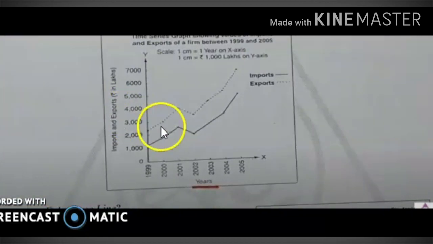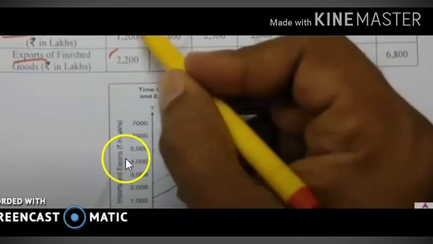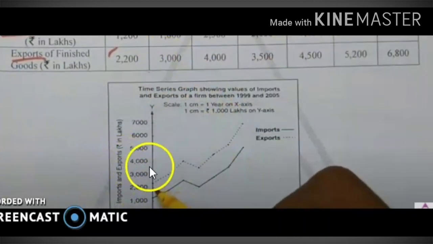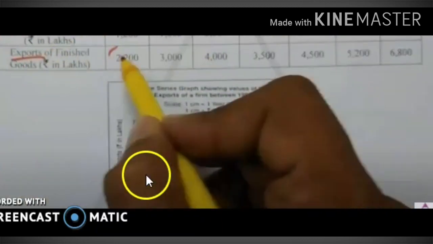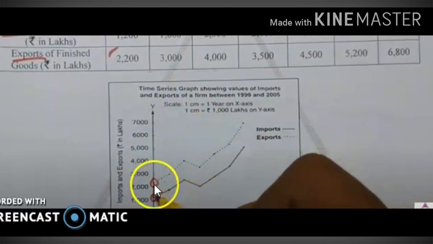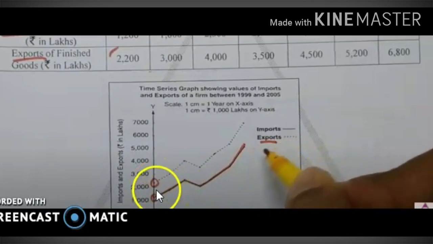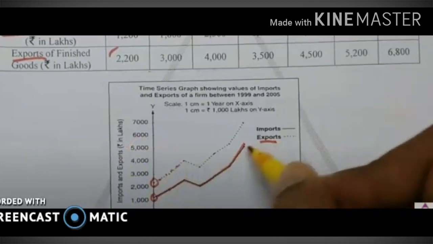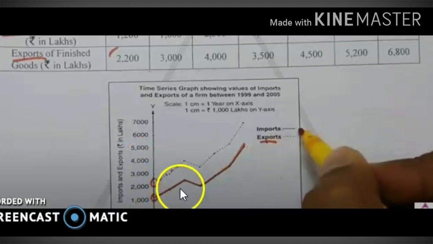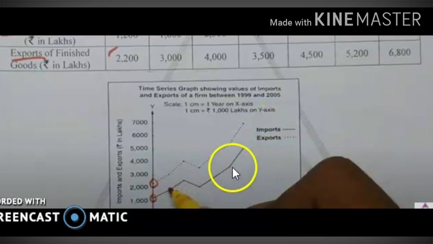So you can see the dot here. On the x-axis you have to mark years, and on the y-axis you have to mark imports and exports. First you have to mark 1200 here, then you will be marking 2200 here, then you will be marking like that year-wise. So for 1998 you can mark like that, and you can plot and join the lines, and mark this black line as imports and this dotted line as exports.